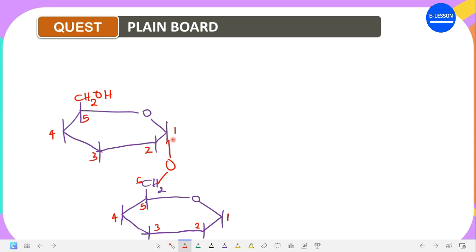So you see that for isomaltose, it is not alpha 1,4, but alpha 1,6 glycosidic bond. Are you getting it now?